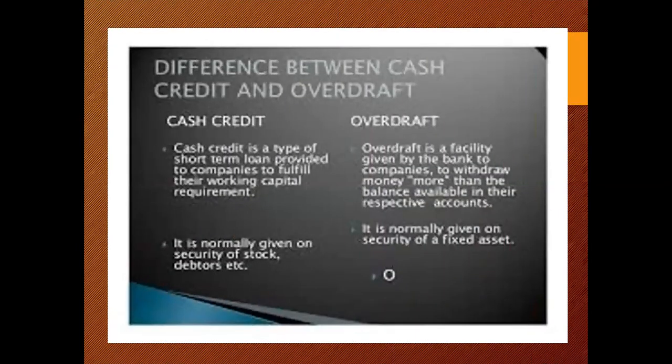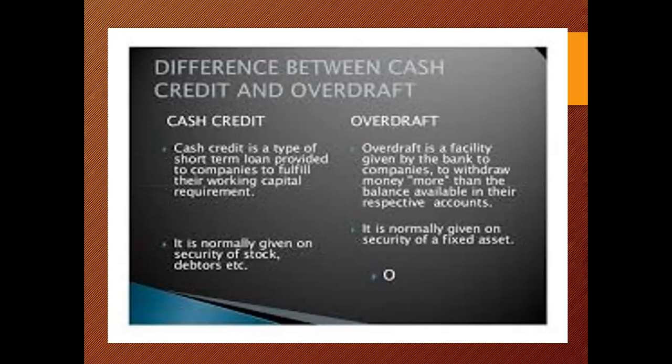If you ask me what is the difference, cash credit is a type of short-term loan provided to companies to fulfill their working capital requirement, and OD facility is given by the bank to companies to withdraw money more than the balance available in their respective accounts.